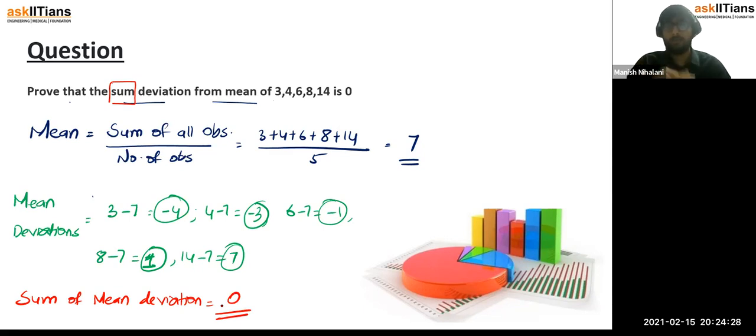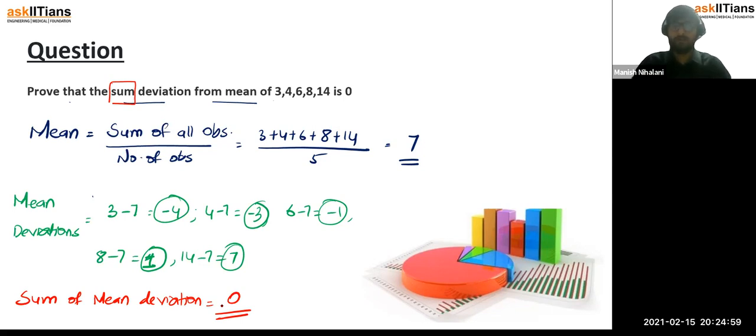Tell me why? Because if we are finding the deviation about the mean, where has the mean come from? The mean came from the sum of observations. We got the mean from the sum of all those observations. Now if you take every observation, some observations will have negative deviation from the mean, and the remaining will have positive deviation.